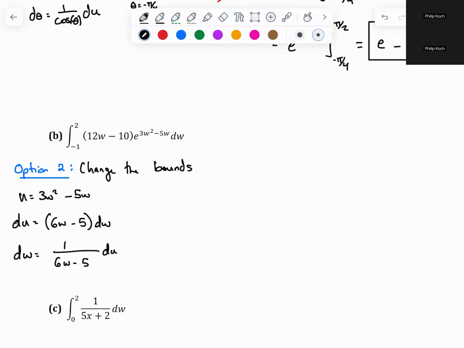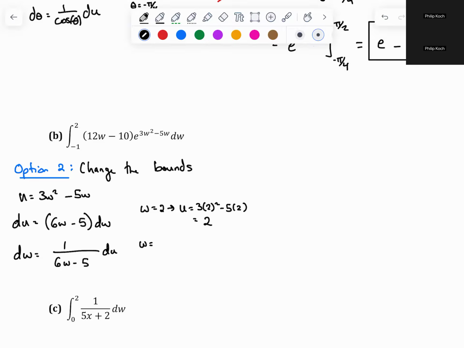Now we're going to change the bounds. And the important thing to understand and remind yourself of is the bottom bound still stays the bottom bound, even if it becomes larger. Bottom bound stays the bottom bound, upper bound still stays the upper bound. So when w is equal to 2, u will equal 3 times 2 squared minus 5 times 2, which is 3 times 4, 12, minus 10, 2.